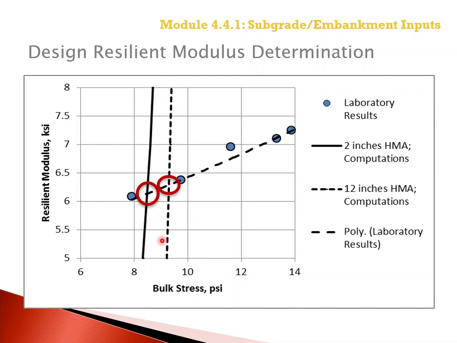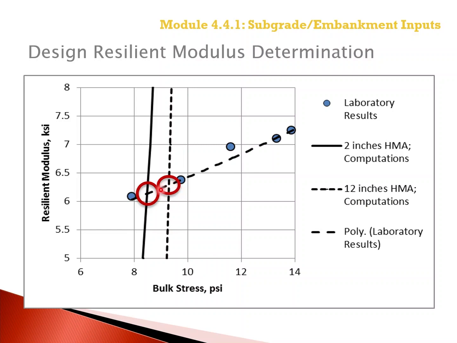And you can see that for the thinner pavement, since we have a lower stress state, we get a lower resilient modulus because this is a stress hardening material. And for the thicker structure, the overburden stresses increase, so we have a higher bulk stress and then a slightly higher resilient modulus for design.